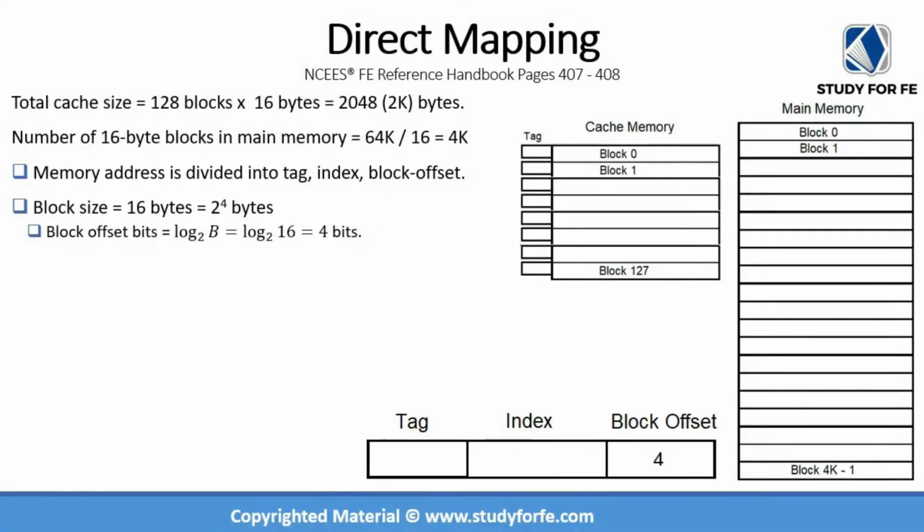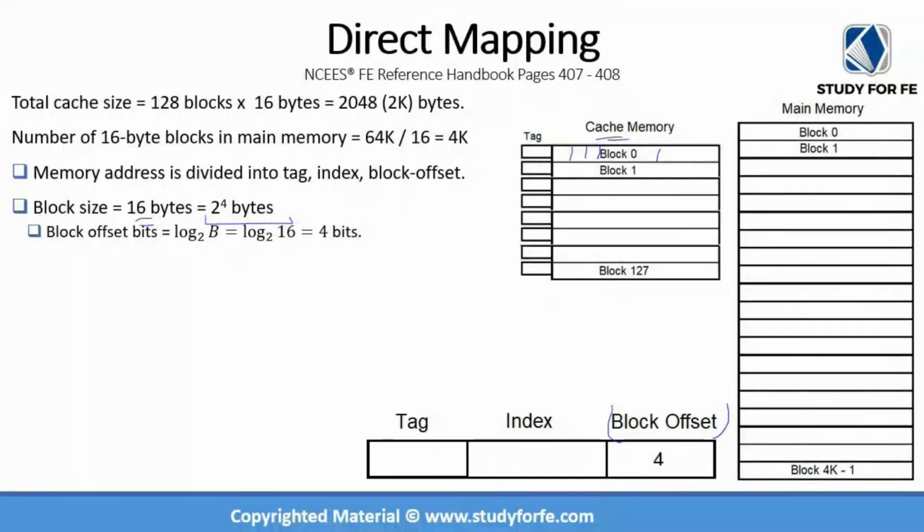So we know that the size of each block, both in the cache and the main memory, is equal to 16 bytes. We are concerned with the cache memory. Okay, so it's 16 bytes. 16 bytes is equal to 2 raised to power 4 bytes. So block offset bits, which are your least significant bits, these bits actually tell you the location of bytes within each block.